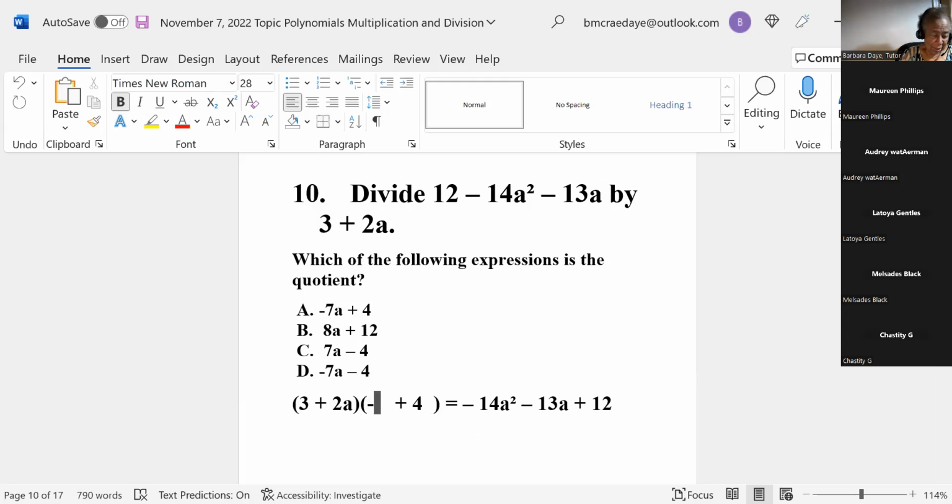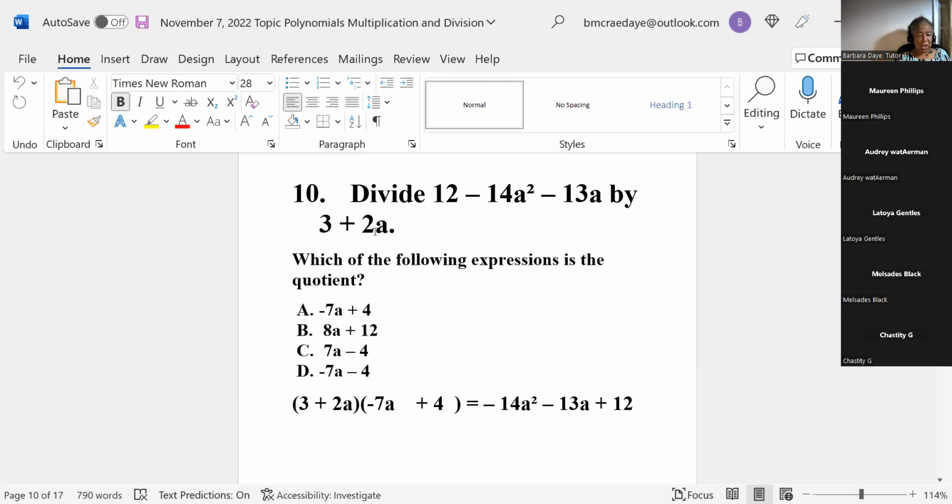Minus 7. a times what gives a to the second? A times the variable a to what power gives me a to the second? a times a.